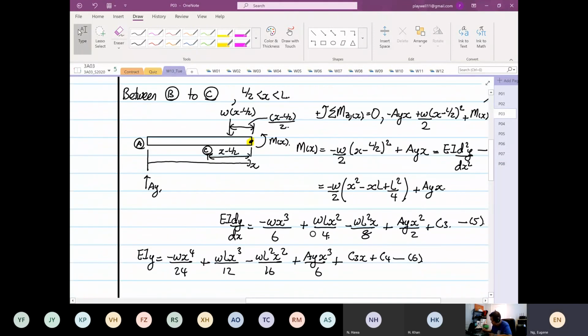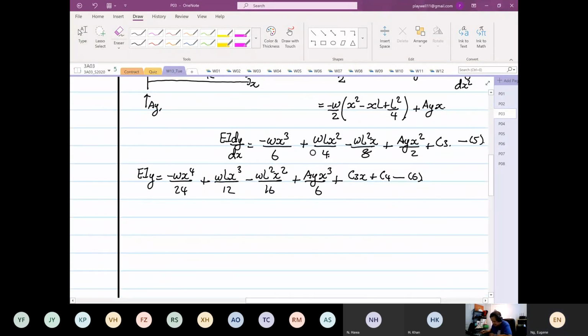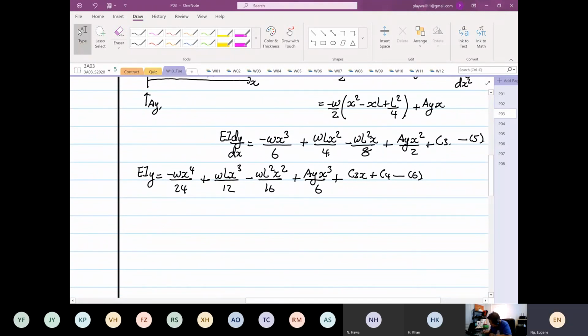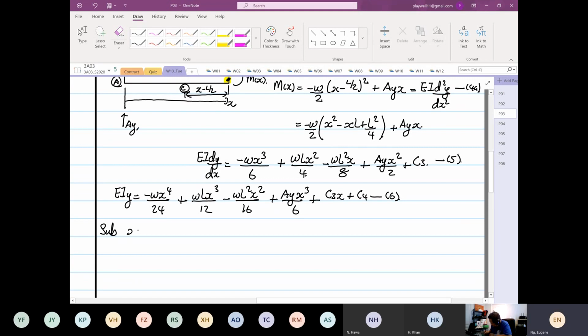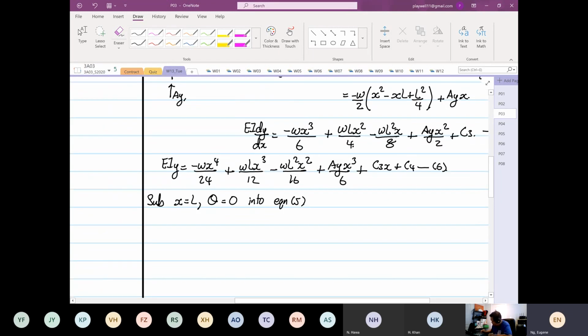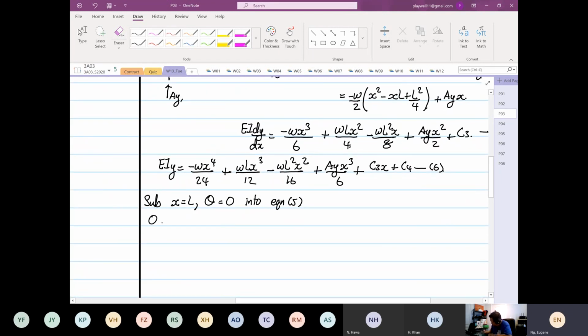So when x is equal to L, theta is going to be 0 because of the cantilever beam, and we're going to substitute this into equation number 5. So this is equal to 0.